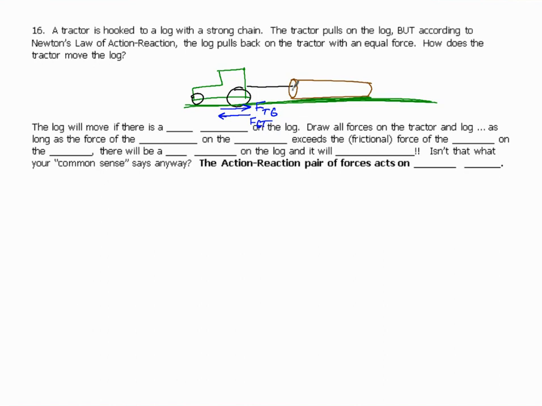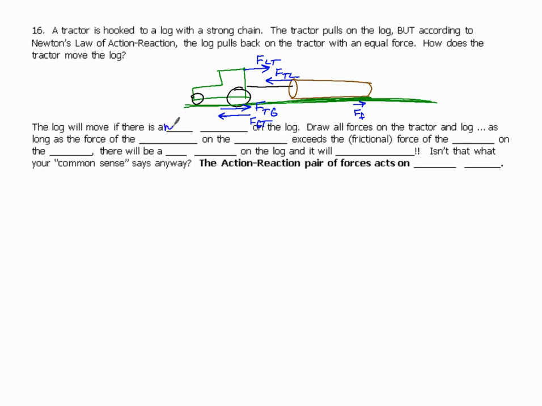Then we also have the log back here. So here in this direction, we have the force of the tractor pulling the log. And back in the other direction, we have the force of the log pulling on the tractor. There's one more force that we should probably label, and that would be the force of friction.